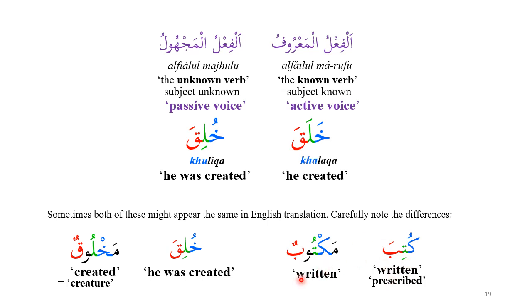In Arabic it doesn't appear because you can clearly see that maktub is an ism and kutiba is a fi'l, because there is a kasra on the second letter and there is no tanwin, so it is basically a verb. But maktub has a tanwin, so it means it's an ism. These are completely different, although in English they would appear the same. But the difference is very clear here. Khuliqa means he was created, and makhluk means creature, the noun.